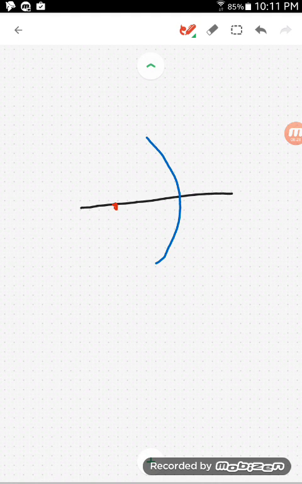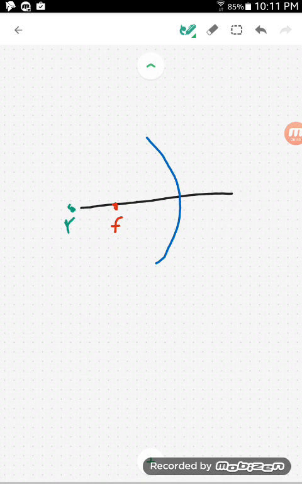So this is our focal point at positive 43, and then somewhere out here we would have our radius of curvature. This is not necessarily to scale, obviously. That's an R.